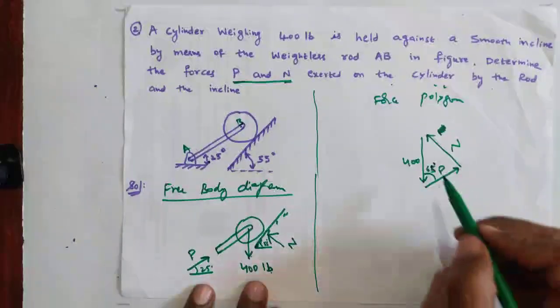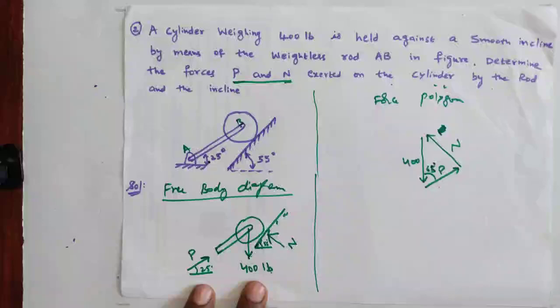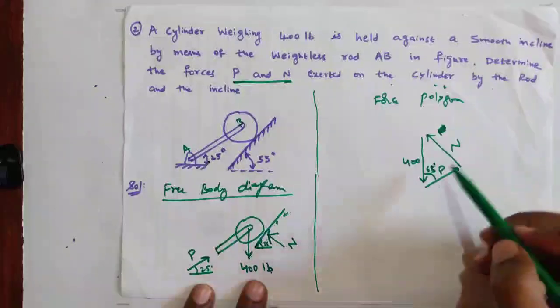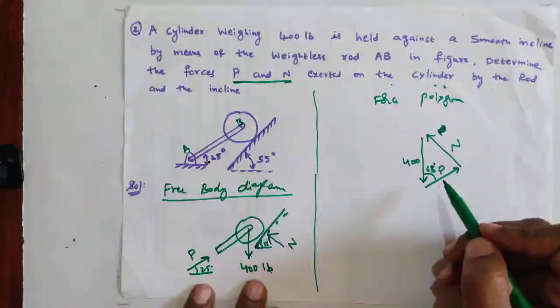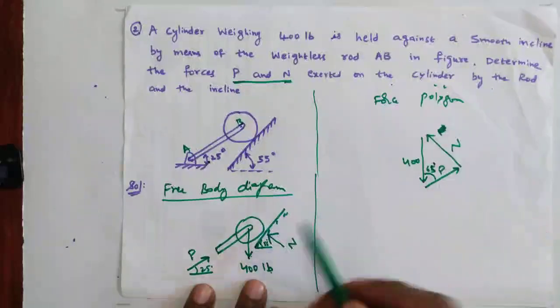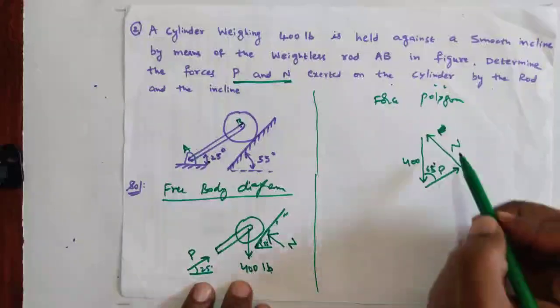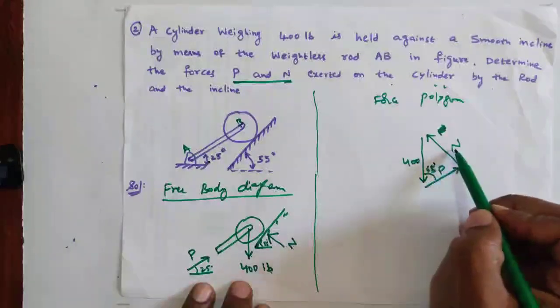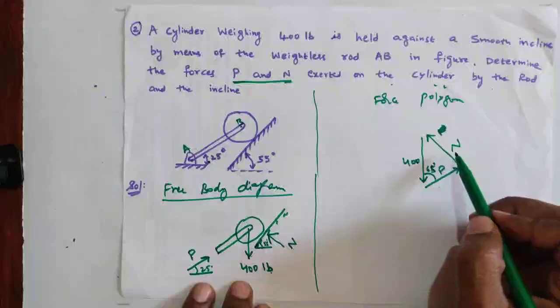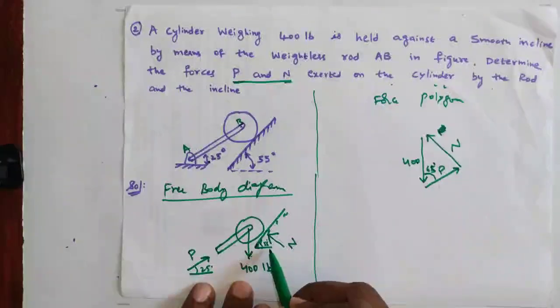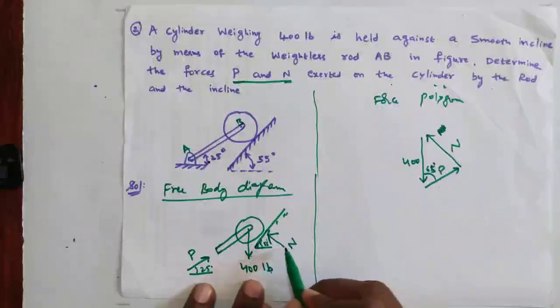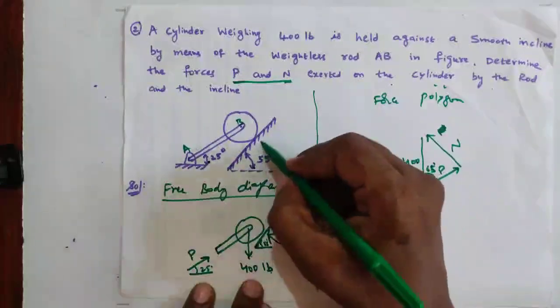Here 65 degrees will be there, and with the normal force, one angle is 65 degrees and another angle we need to find. The angle between the 400 pounds and the normal reaction N we are going to find. Here 55 degrees is there.